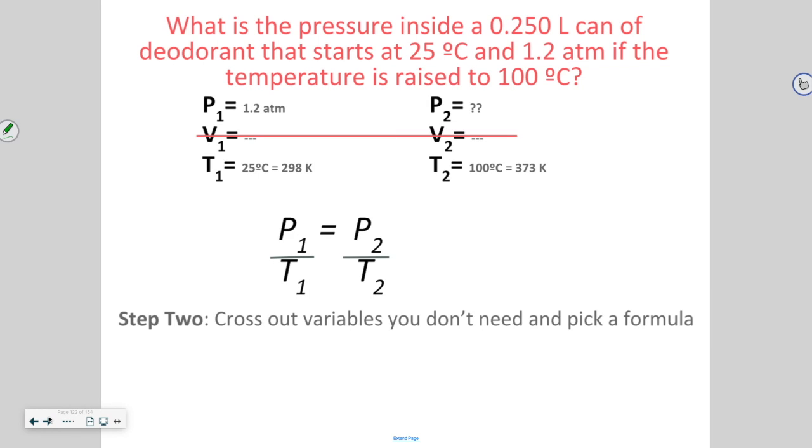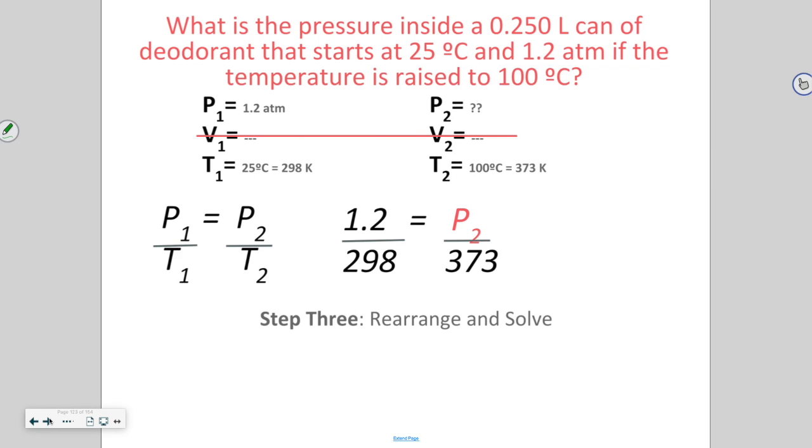That means you have P1 over T1 equals P2 over T2. Our initial pressure and temperature should equal our final pressure and temperature. So go ahead and plug in 1.2 over 298 equals that second pressure over 373. Again, in order to get out of our fractions, let's go ahead and cross multiply.